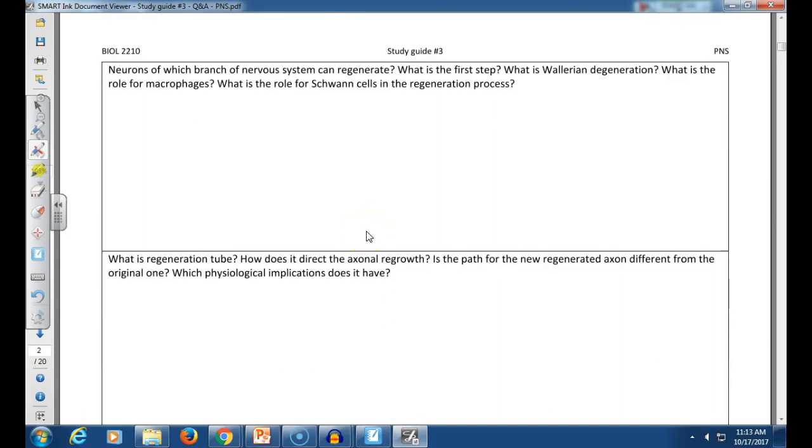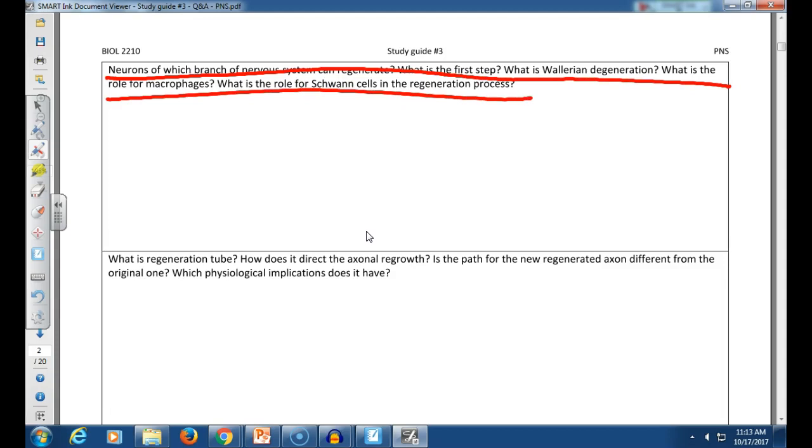Understand the whole process of regeneration. Okay? How Schwann cells form regeneration tube, how adhesion molecules lead the regrowth of axon, how in central nervous system oligodendrocytes cannot direct the regrowth because there are inhibitory peptides.